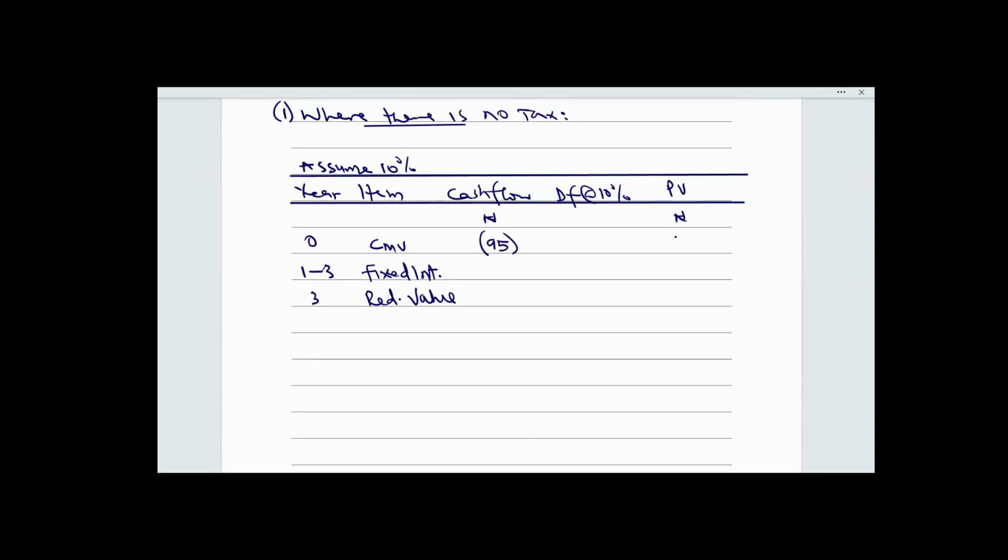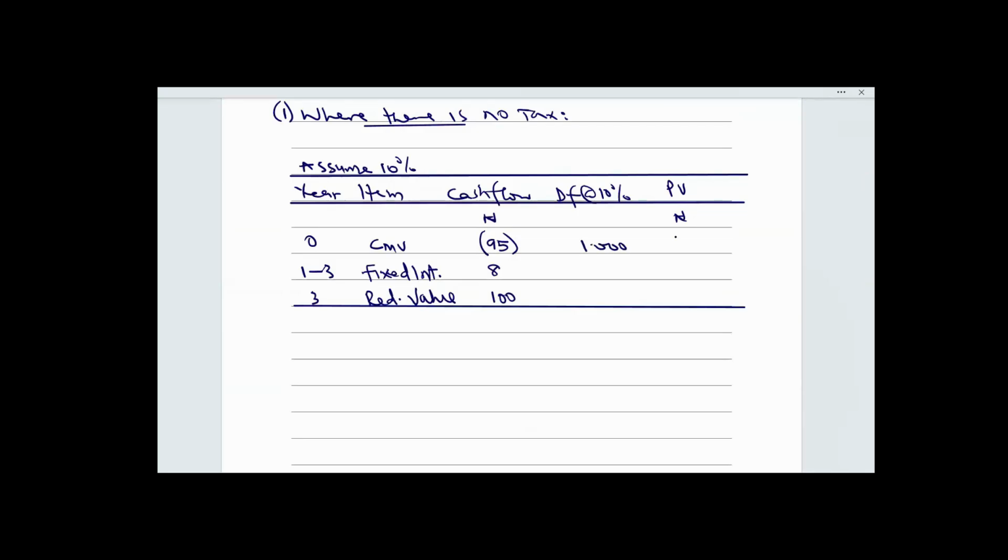Then the interest is 8%. Since examiner told us that there is no tax, I'm going to use the entire 8, no adjustments. Then how do we redeem the debenture? We are told to redeem at par. At par means 100 naira. Then we need to calculate annuity factor of year 1 to 3 at 10%.